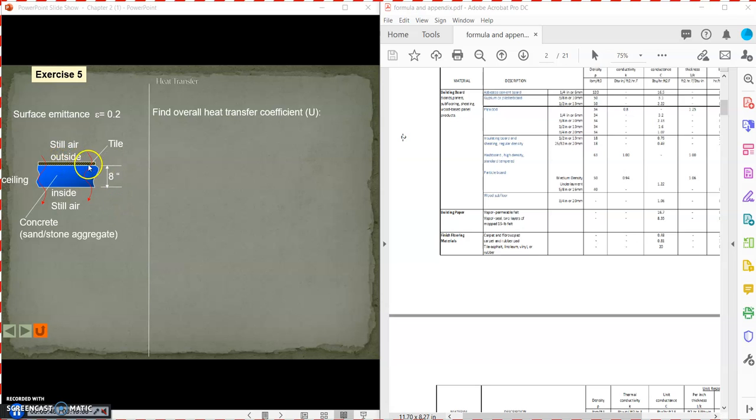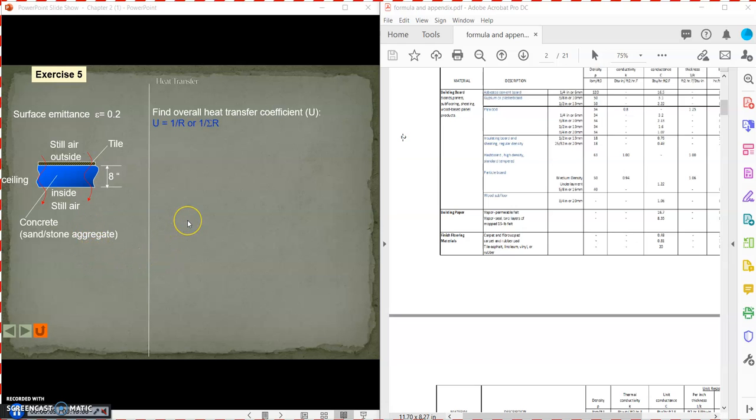So this is basically a floor. As you can see here, there is tile here, and then there is a ceiling about 8 inches thick, and there is still air inside, and the ceiling is concrete with sandstone aggregate. So the surface emittance now will be 0.2.